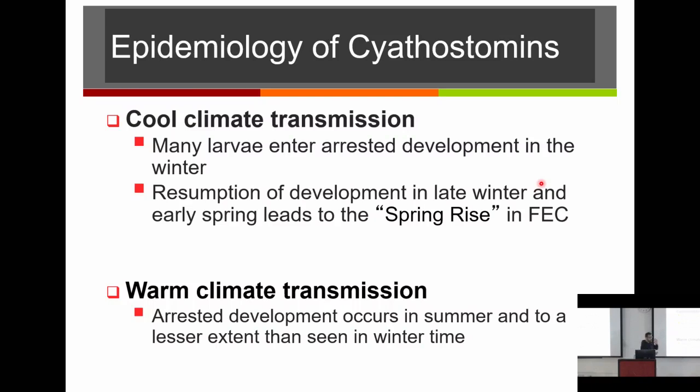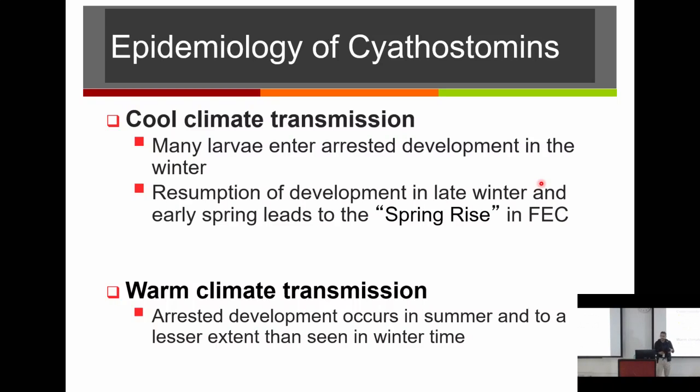In the case of cold climatic transmission, if it is in the cold climatic region, the larvae enter into the arrest stage in the winter because it's cold weather, and then they can come back into the developmental stage at the springtime, and you will see the spring rise of the fecal egg count.